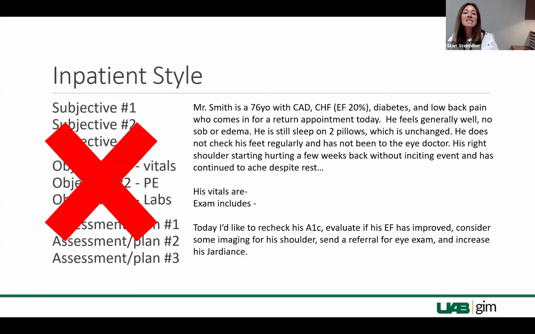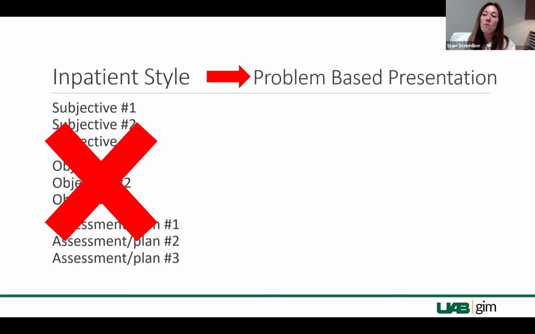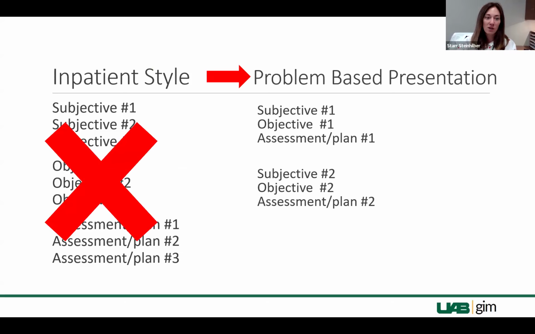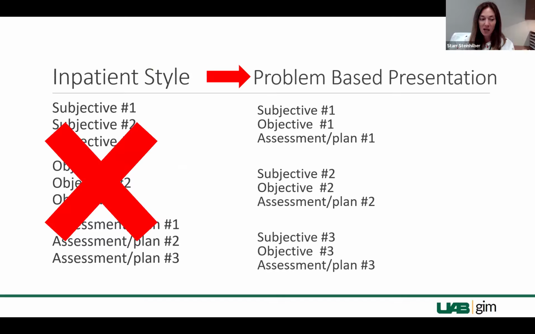And so instead of doing that, we felt like, could we just batch them? And do the subjective of the first problem, the objective of the first problem, and the assessment and plan of the first problem, and then move on to the second one and the third one. And I know this seems simple. And what we found in our focus groups from the very beginning was this is what third years, end of year residents who are about to graduate were doing.